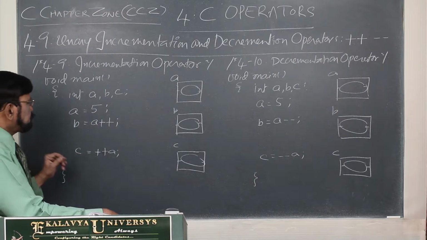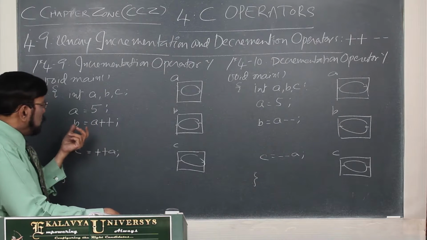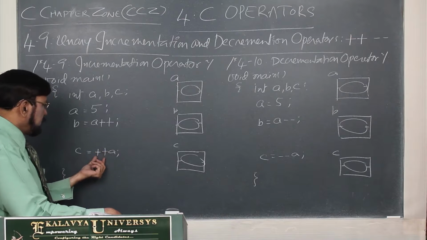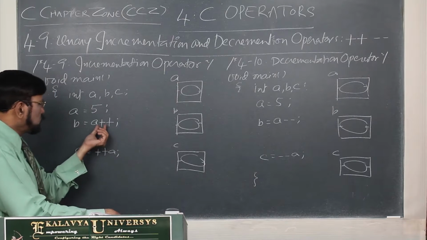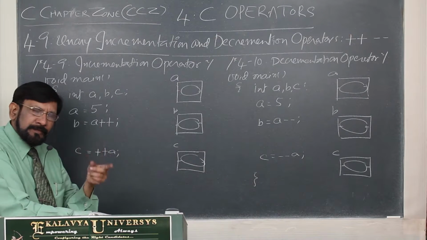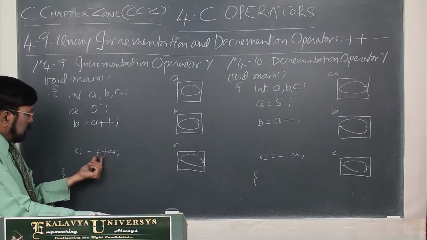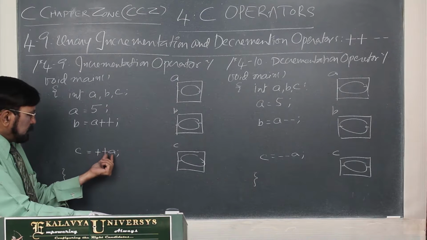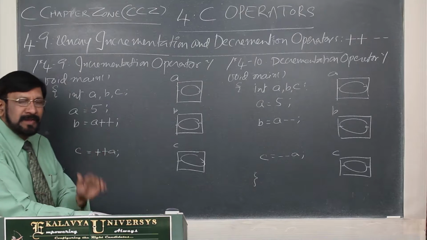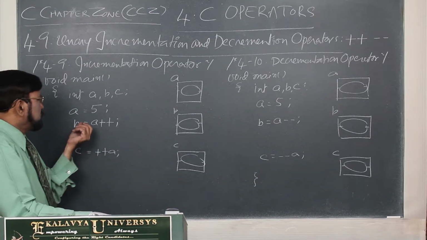Now you see, in this program 4.9, we are focusing on post-incrementation and pre-incrementation. Post-incrementation means that if you write the increment operator after the operand, that is post-incrementation. If you write the increment operator before the operand, it is called pre-incrementation. Always remember that, and you have to understand its impact.